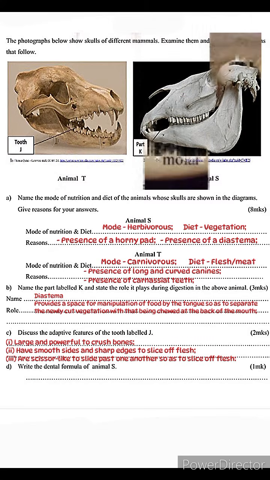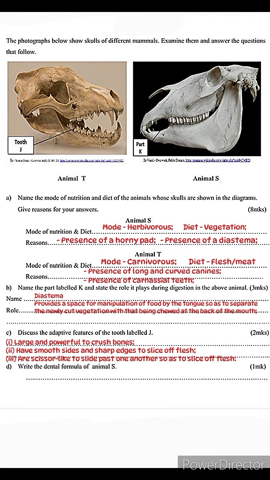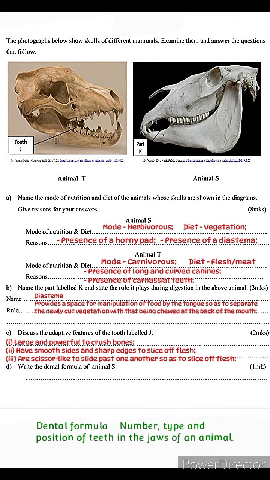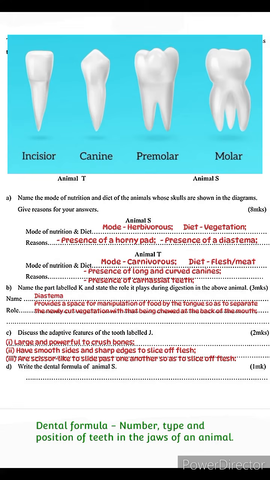Part D, write the dental formula of animal S. Now, the dental formula of an animal describes the number, type, and position of teeth in the jaws of a certain animal. So let's break that down. The type. We have 4 types of teeth that are present in mammals. These are the incisors, the canines, the premolars, and molars.